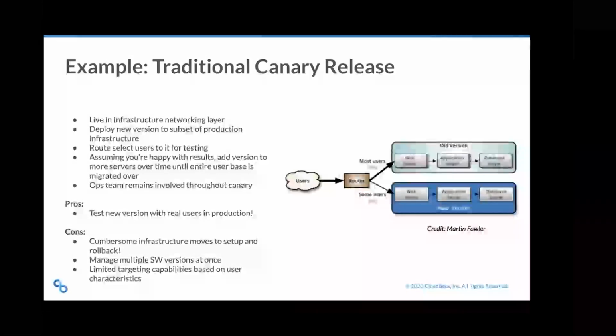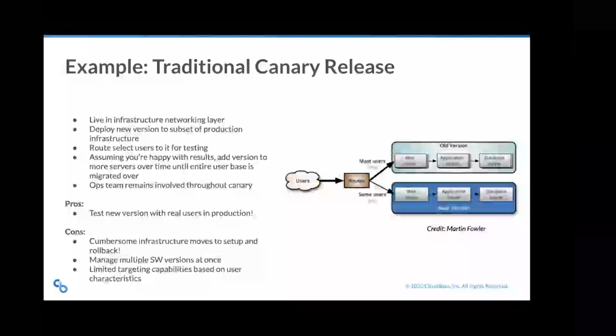So there's additional overhead while you're bridging the gap between your two versions. As well as, it's pretty tough to target user characteristics in this style. So again, you're not able to target that 5% of users to receive the new version. You're kind of just giving it to any 5%. So that targeting is also a really important capability.